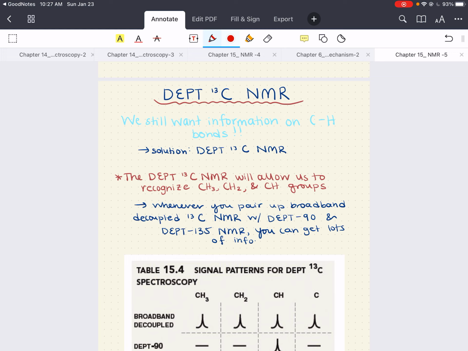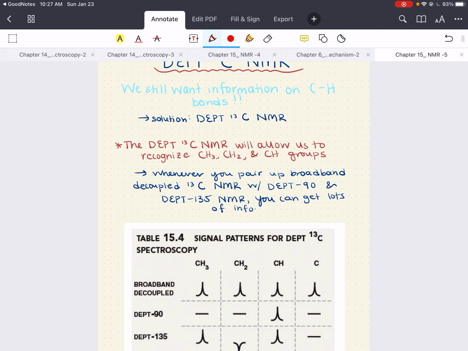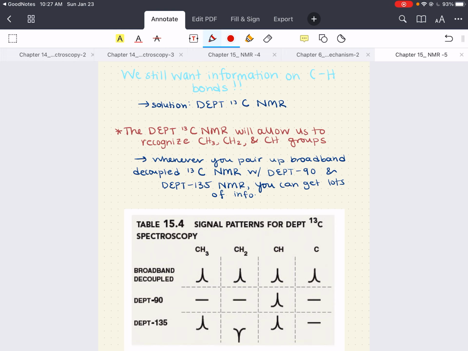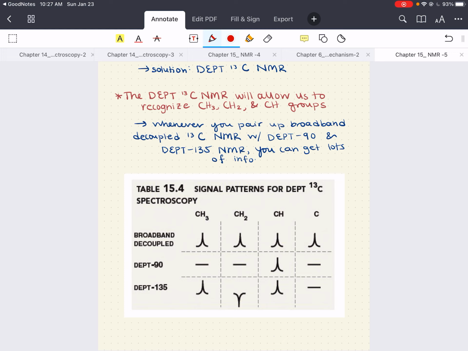We're not going to talk about why this works, but to maximize the information obtained about the carbon-hydrogen environment, you first do a regular broadband decoupled carbon-13 NMR and acquire that spectrum. Then a special pulse sequence is used to produce a spectrum called DEPT-90, in which only the signals for CH groups are obtained.